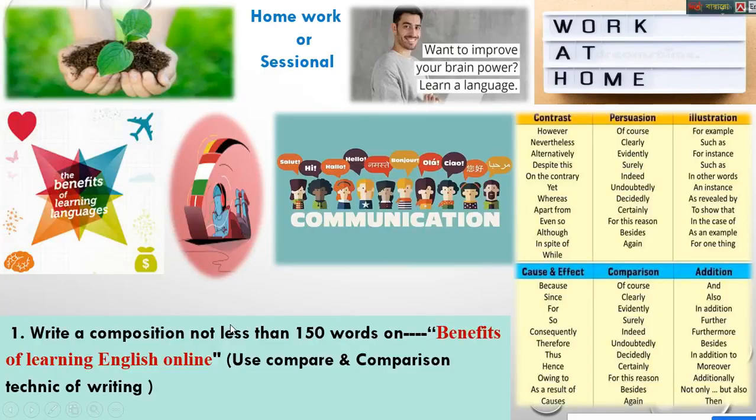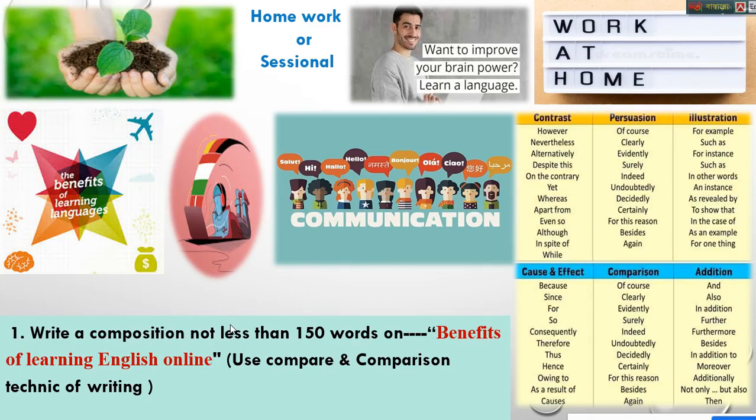All right, this is the homework. Each and every day I suggest you develop a paragraph. Today this topic is a little bit different from what you have done so far, because you have simply developed a single composition, but in today's task you have to write a composition of about 150 words on benefits of learning English online.